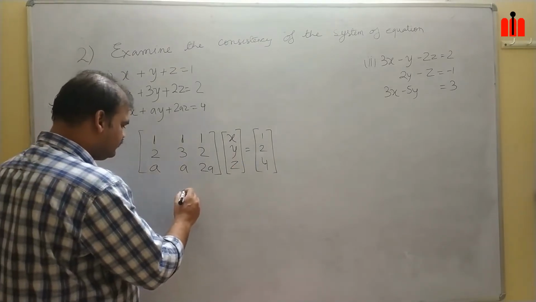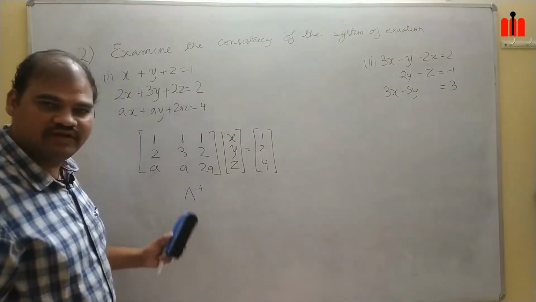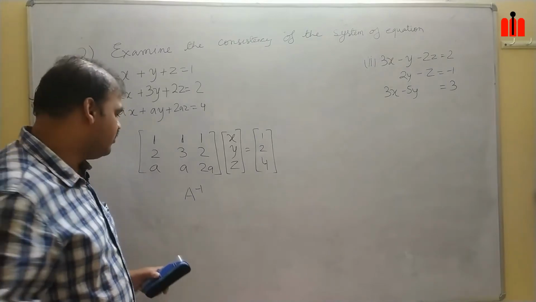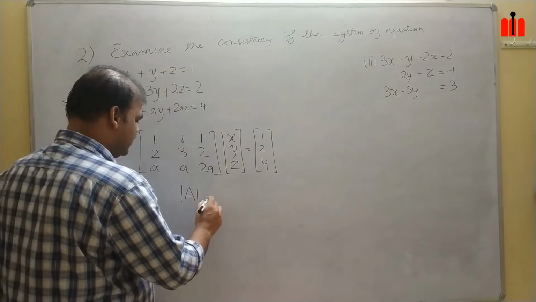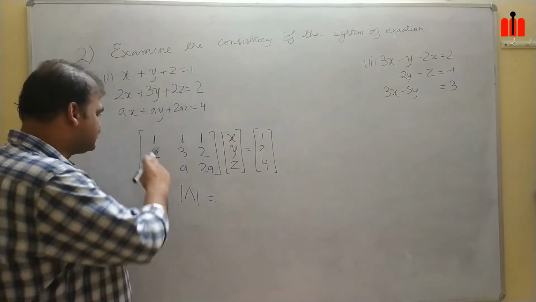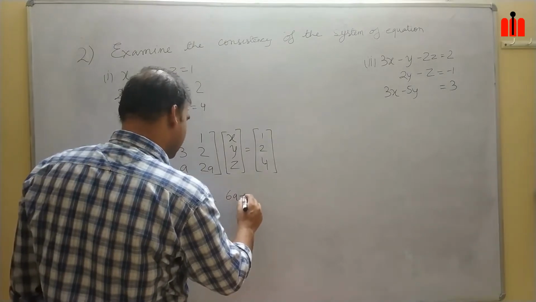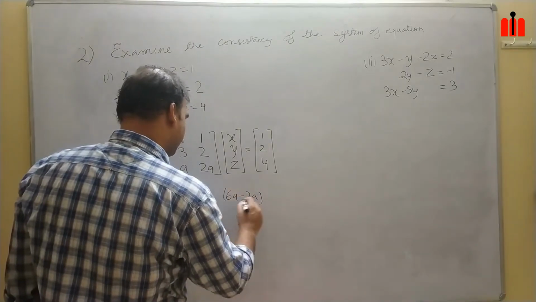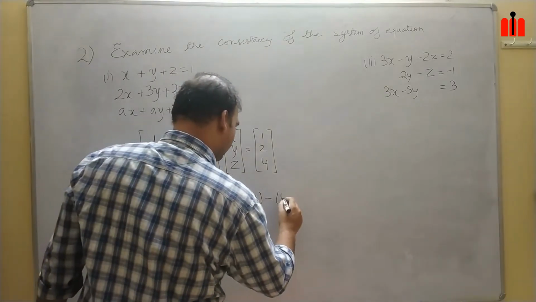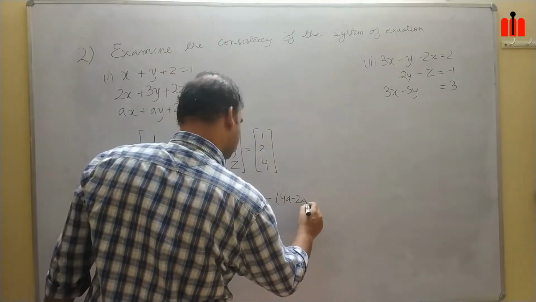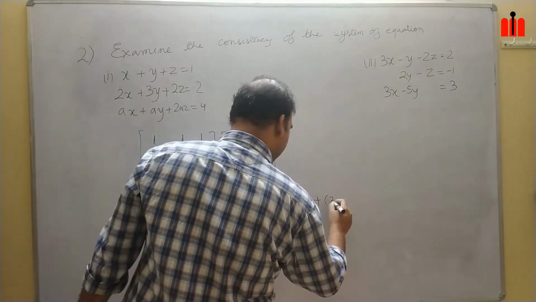Now, for finding whether A inverse is possible or not, we have to find det of A. So what is det of A for this? I will expand through row 1. So it will be 6a minus 2a, minus 4a minus 2a, plus 2a minus 3a.